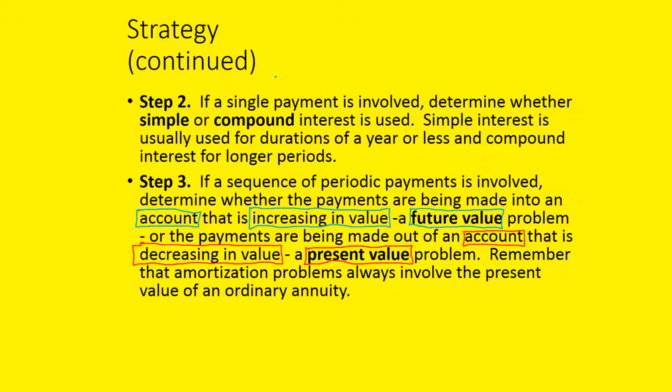So always think about what is going on with the account, and that's how you're going to be able to tell the difference between future value problem 3.3 or present value problem 3.4.